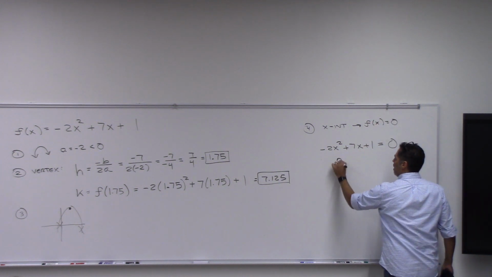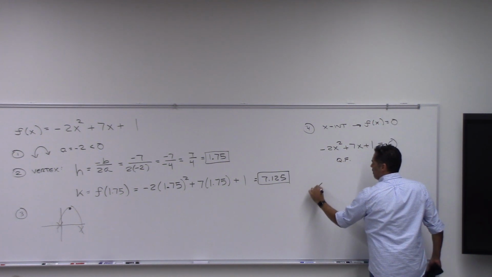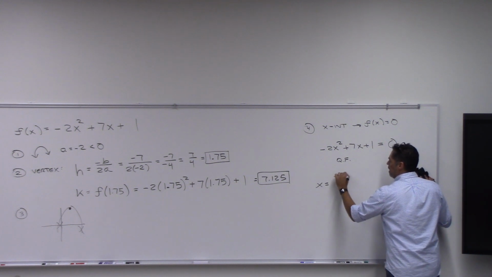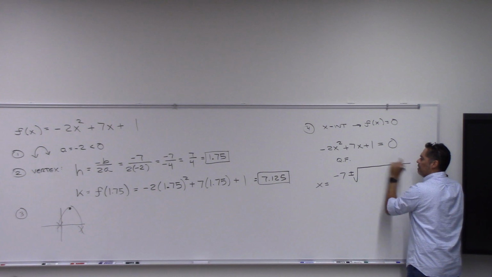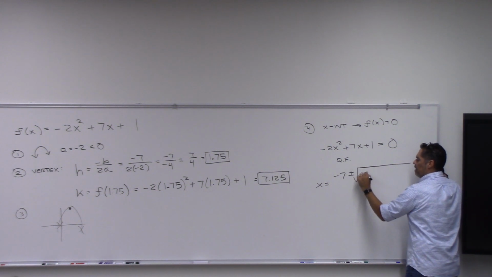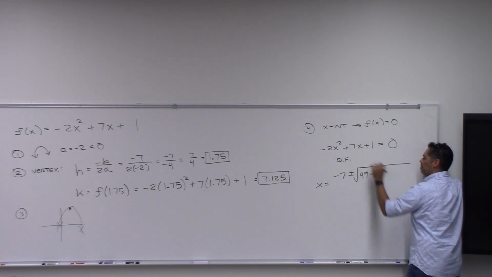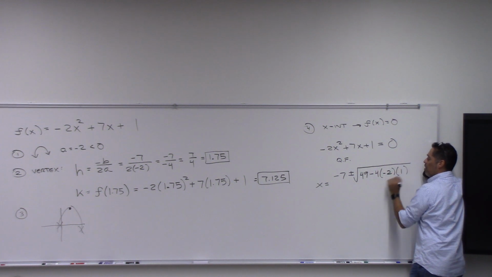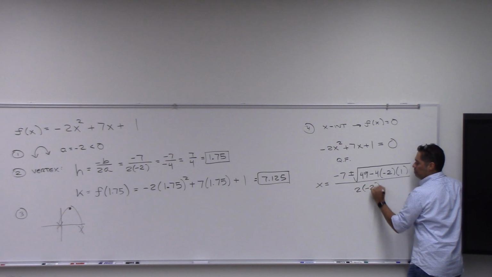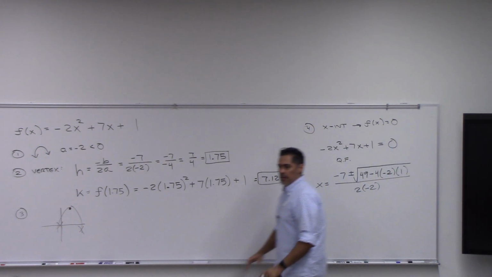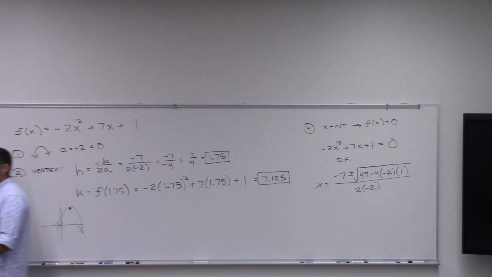And then I use the quadratic formula. My quadratic formula here would be negative b, that's negative 7, plus or minus the square root of that number squared, so that's 49, minus 4 times a, which is negative 2, times c, which is 1, all over 2 times negative 2. And again, I have to crank this into my calculator.